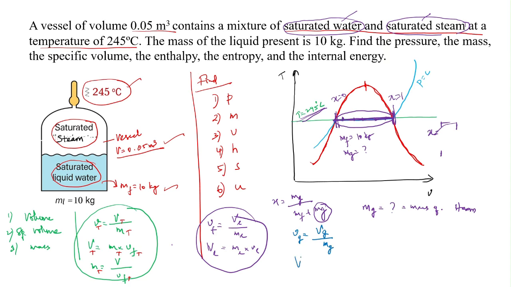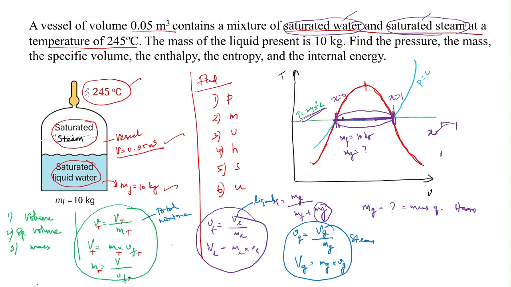Otherwise, volume of steam is equal to mass of steam into specific volume of steam. So this case is for steam, this case is for liquid, and this one is for the total mixture.